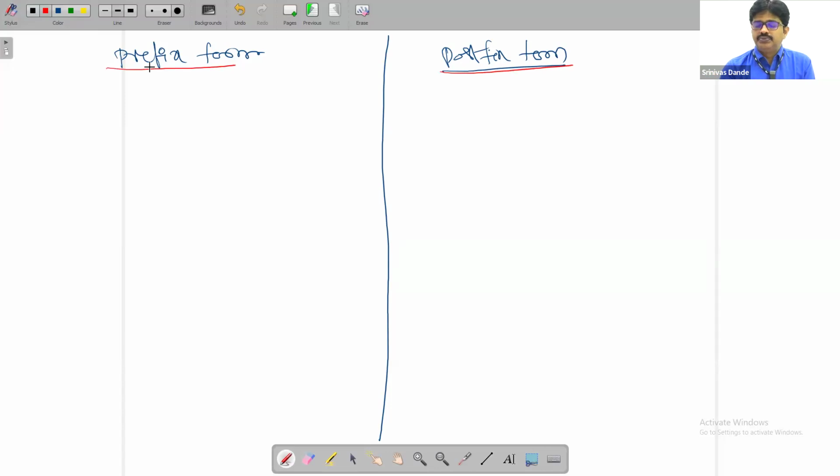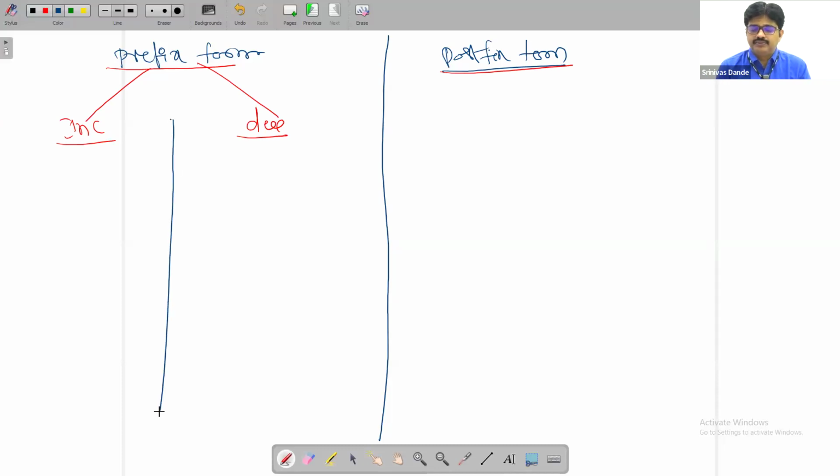So for the prefix form, we'll take both. Increment prefix, how will we use it? Decrement prefix, how will we use it? First, take the increment prefix. Suppose I am taking int a equals 10, guys.